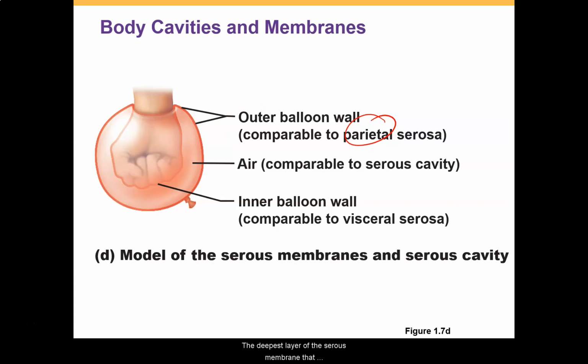The deepest layer of the serous membrane that contains the lungs would be the visceral pleura. So first you have the layer, followed by the name of the serous membrane.